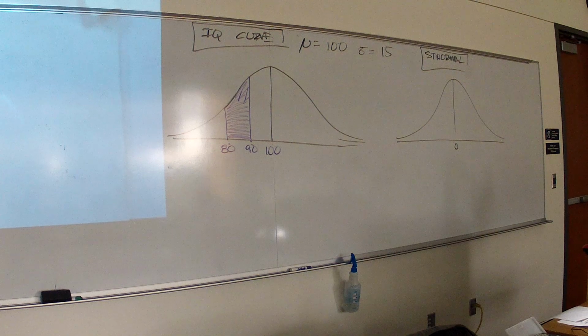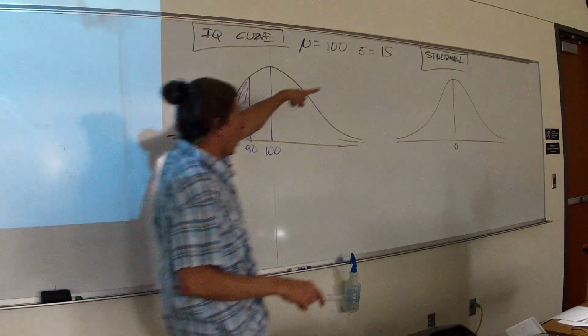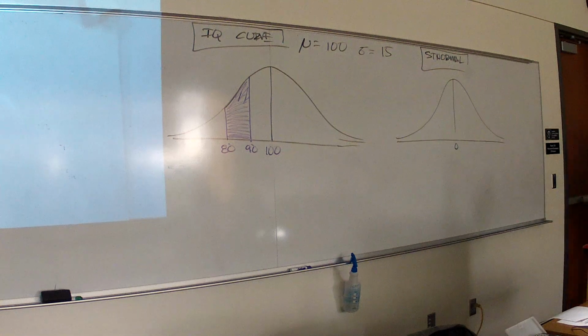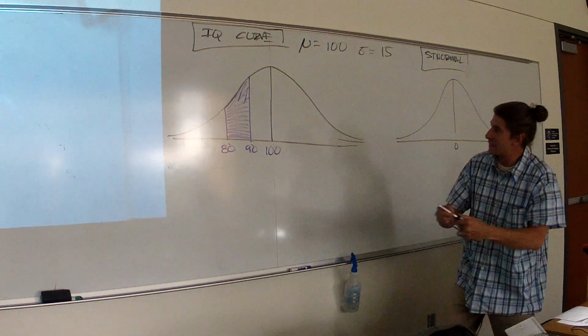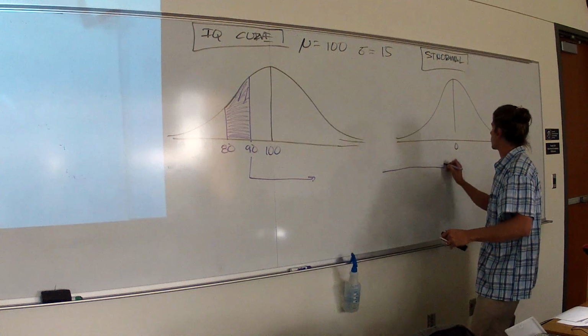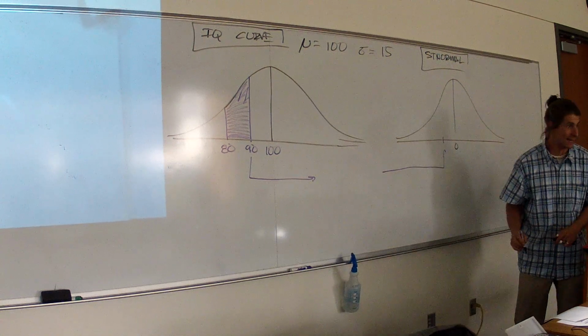And why will it give you an answer that is wrong? Because if you put in 80 and 90, it's thinking you're on the standard normal curve, and 80 is 80 standard deviations, which is somewhere with an IQ of like, I don't know, 8,000 or something like that. So you have to transform. We need a translation factor that takes this 90 right here and converts it into something on this curve that's a z.